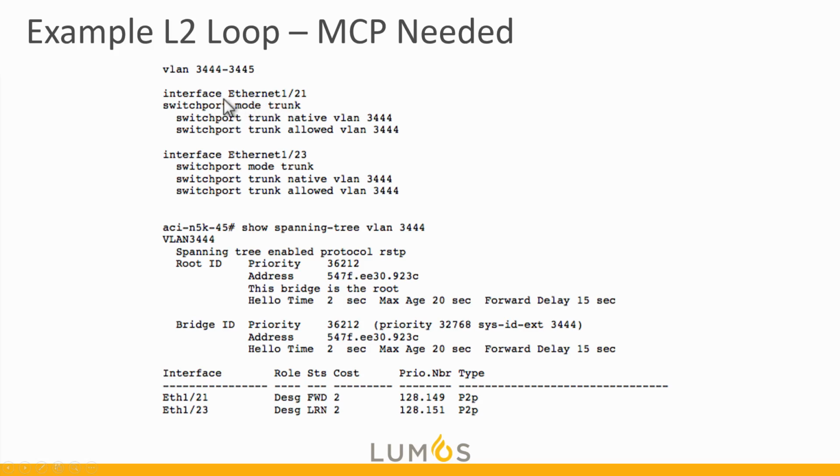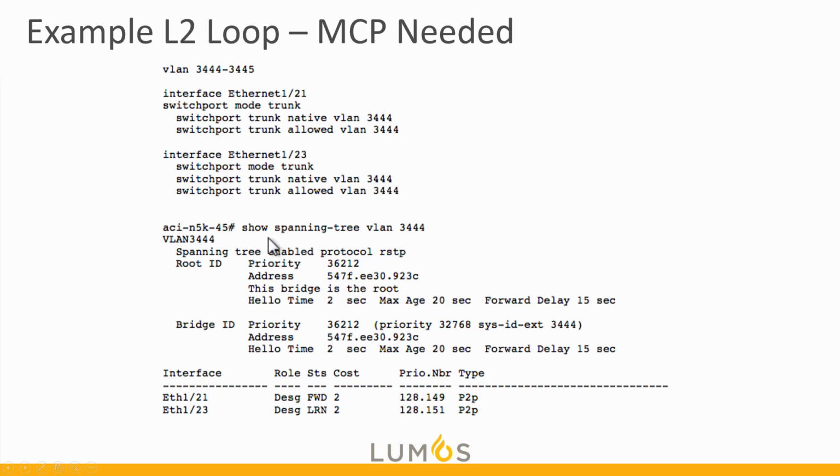And on each Ethernet 1/21 and 1/23, we see that we're in switchport mode trunk, switchport trunk native VLAN 3444. So it's untagged, right? We're not actually sending the .1Q tag for this VLAN ID. And any traffic that we receive as a raw Ethernet header without a .1Q shim, we will insert into VLAN 3444.